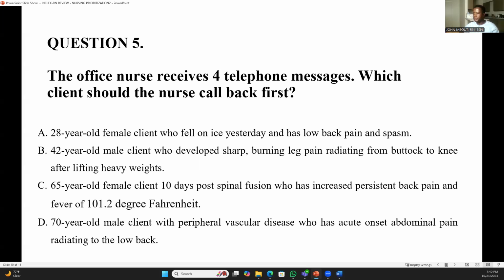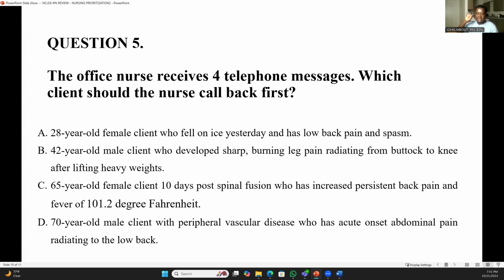We look at the first rule: which one is acute? D. A 70-year-old male with peripheral vascular disease who has acute onset abdominal pain. This is a new change of condition. You have to attend to this client first.